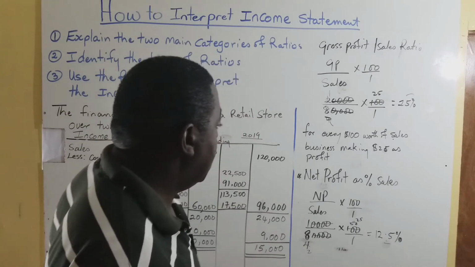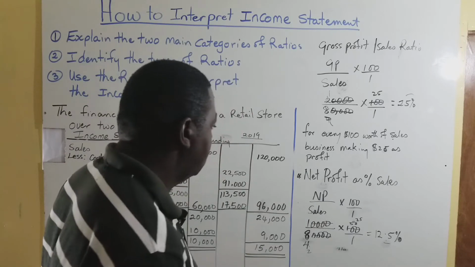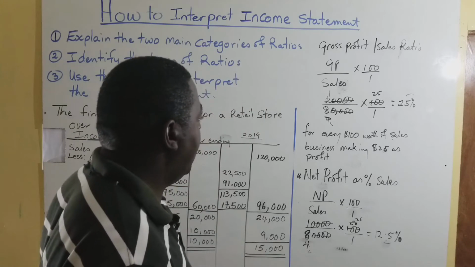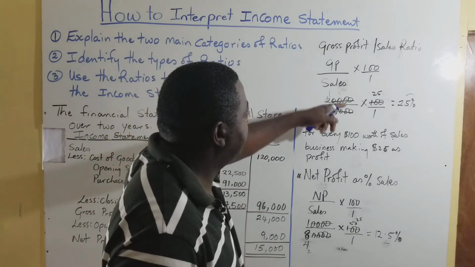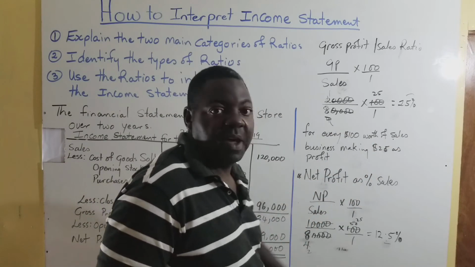So the net profit as a percentage of sales is 12.5%, while the gross profit as a percentage of sales is 25%.